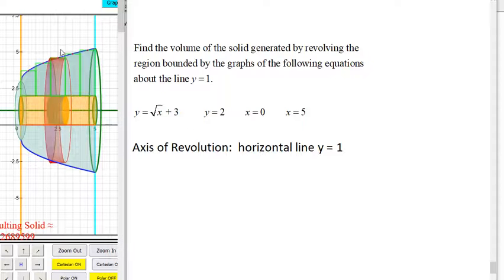Now, for the volume of the entire solid, the radius is going to be from the axis of revolution to the graph y equal to the square root of x plus 3. The hole will have the radius from the axis of revolution to the line y equal to 2.